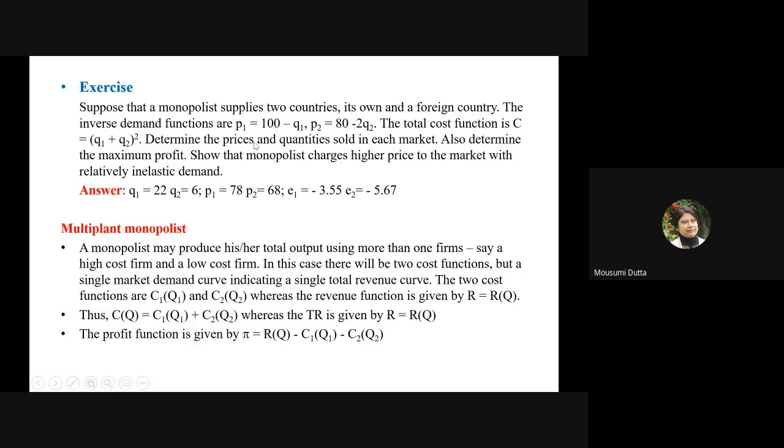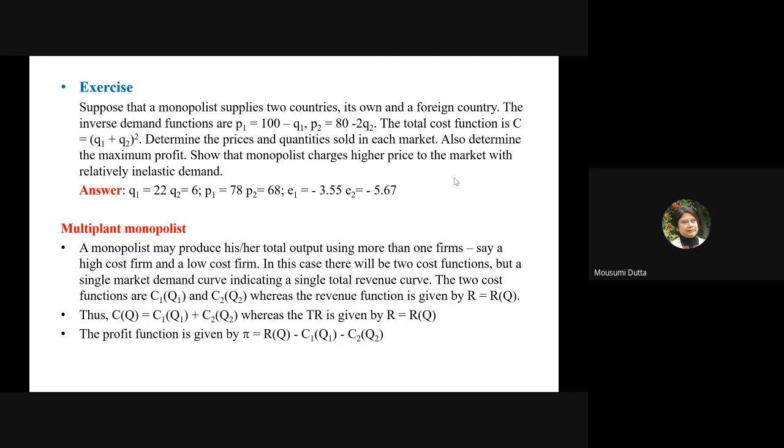Okay, so very first, please write down the two equations. P1 is equal to 100 minus Q1 and P2 is equal to 80 minus 2Q2. Looking at the two equations, you can see price elasticities are different in different markets, because del Q1 by del P1 and del Q2 by del P2 will be different. So forget about elasticity. Write down these equations very fast.